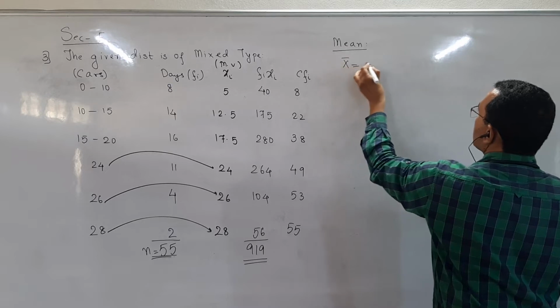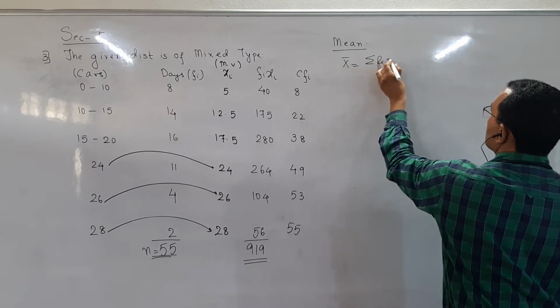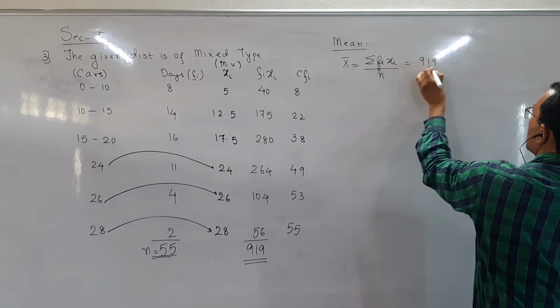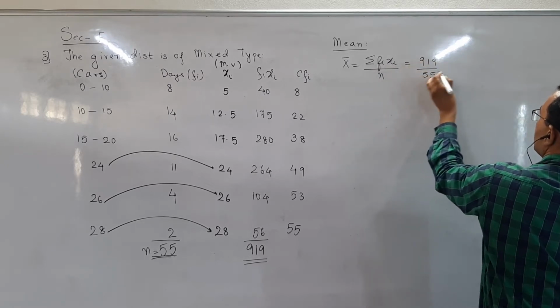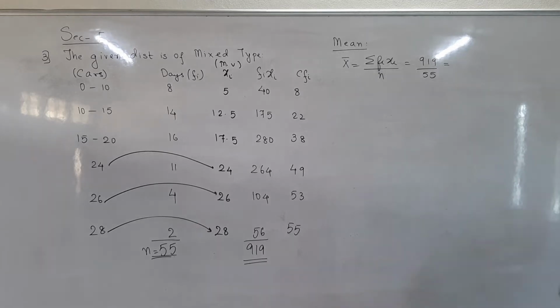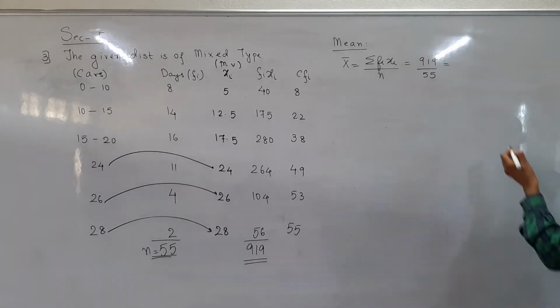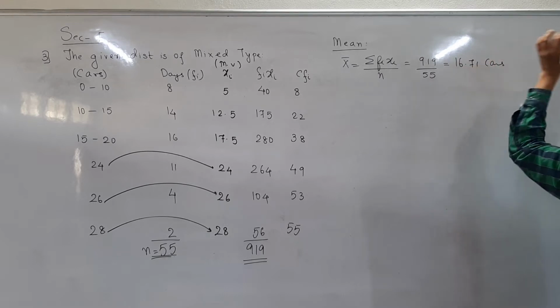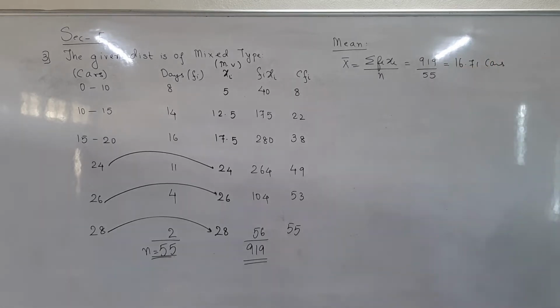Mean x bar is summation fixi upon n, 919 upon 55, and this comes out to be 16.71 cars, because the data is regarding cars sold.